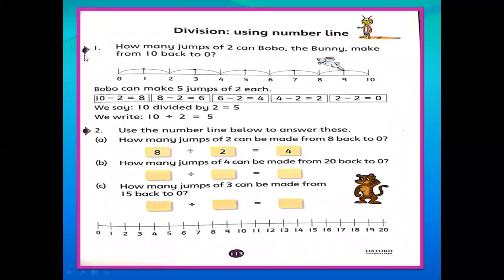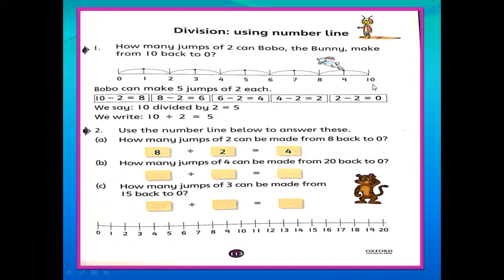This is page number 113, division using the number line. How many jumps of two can Bobo the bunny make from 10 back to 0? So this is 10.